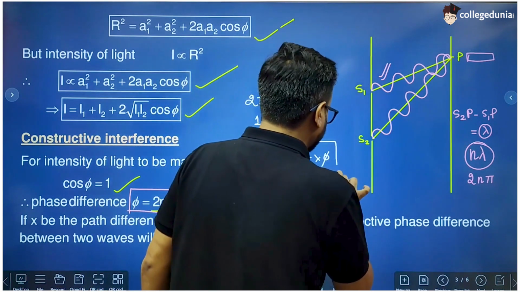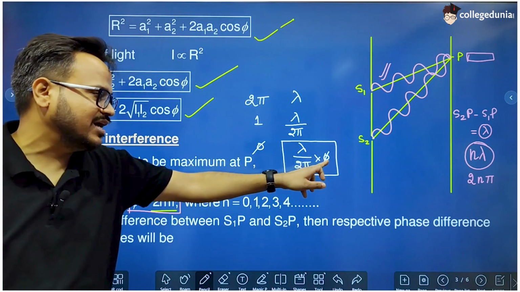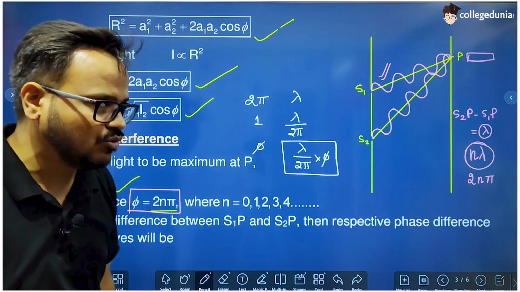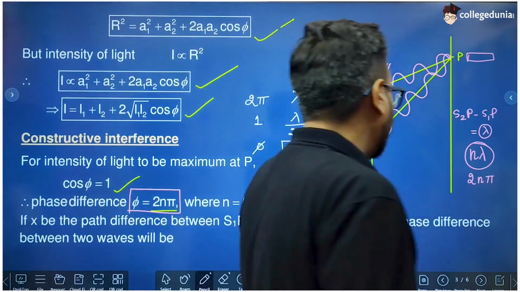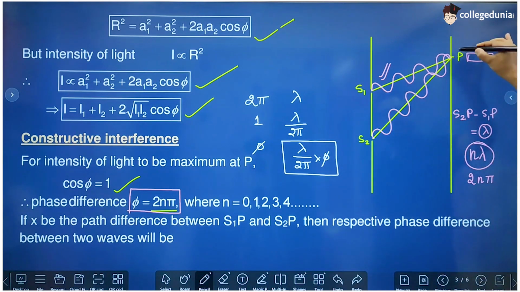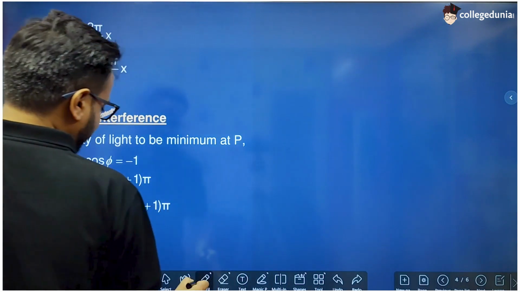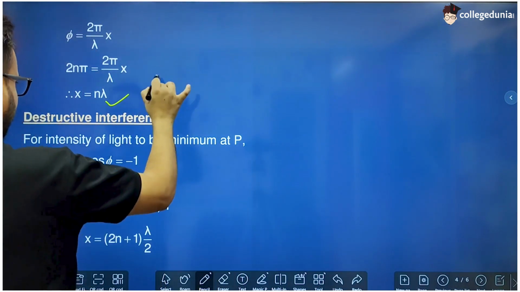If the phase difference is 2n pi, just put 2n pi here and the 2 pi will cancel out, and the path difference will be n lambda. This means that whenever the path difference is an integral multiple of lambda at a particular point, we will get a light band at that point. So the path difference is n lambda.